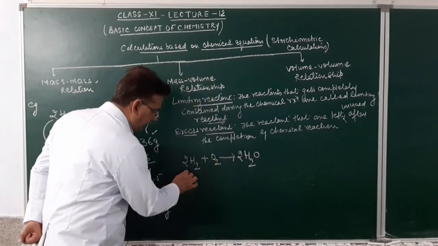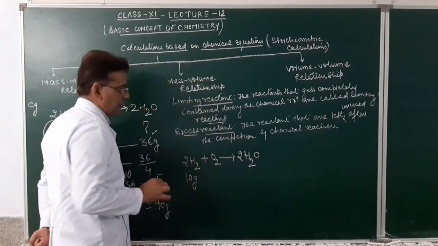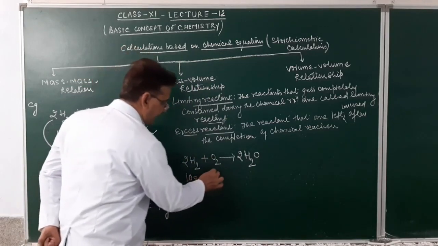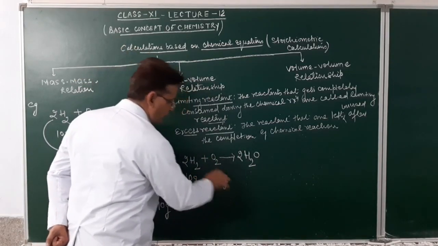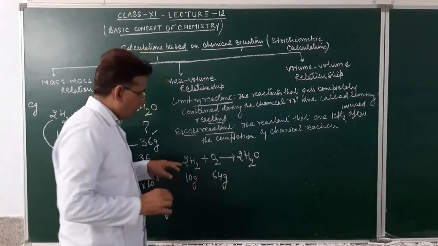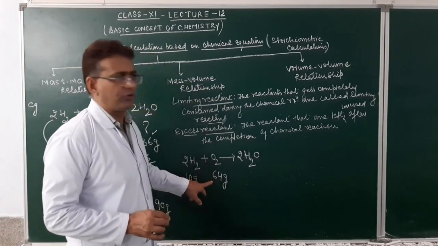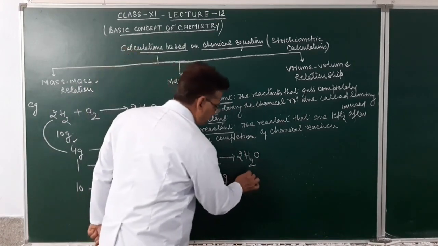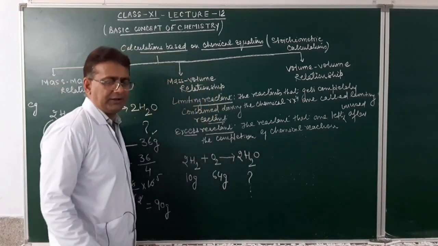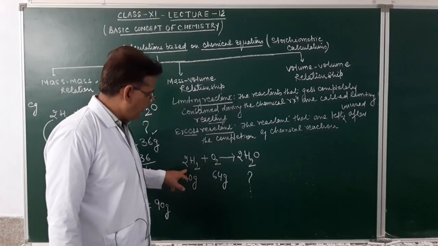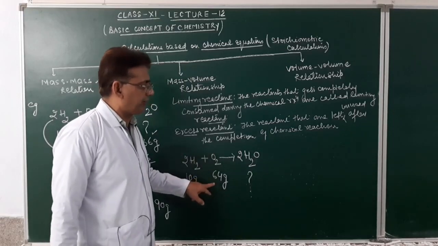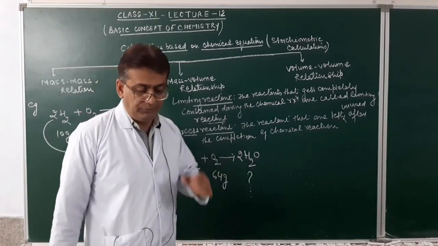In the question, it is given as 10 gram, and here it is given as 64 gram. My question is, if 10 gram of hydrogen reacts with 64 gram of oxygen, what mass of water will be formed? Am I getting clear?